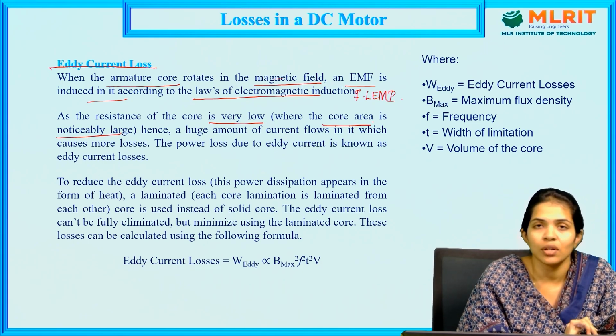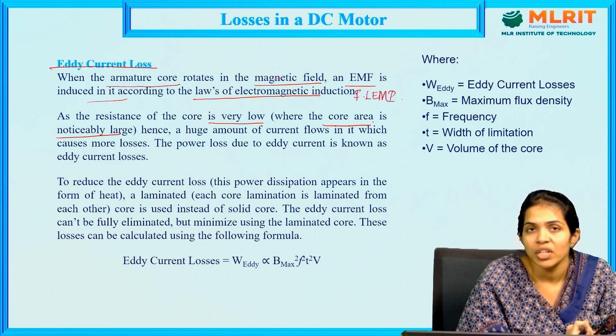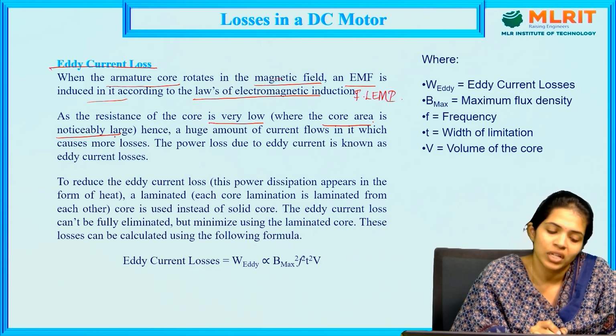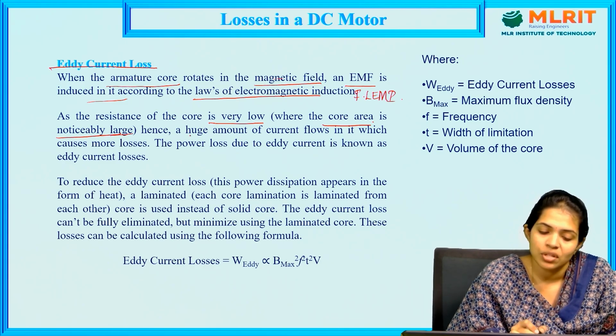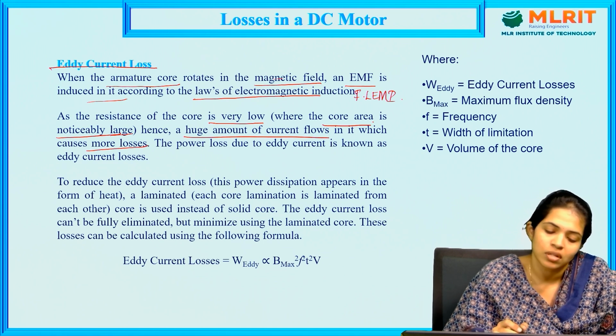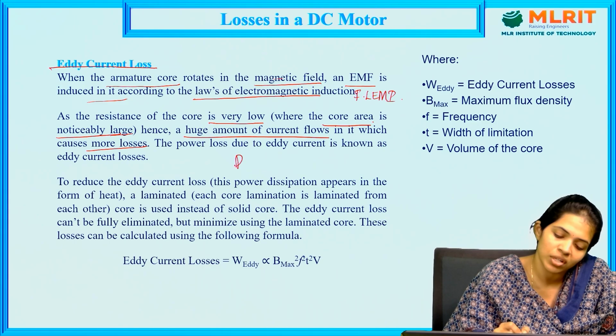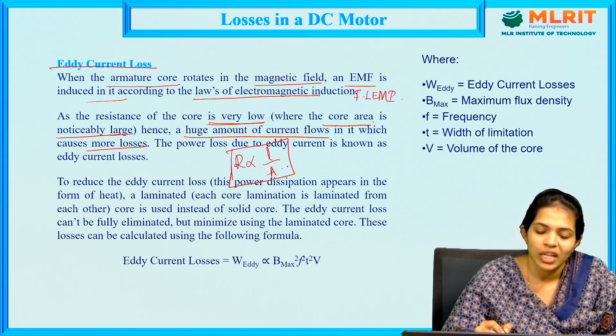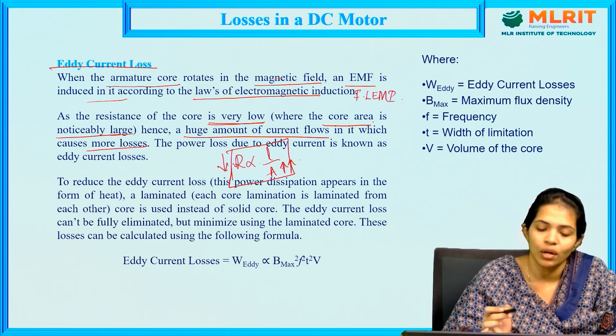The armature core is usually of large area, so a huge amount of current will flow, which causes more losses. From the resistance formula, R equals rho L by A, when the area of cross section is more, the resistance is low.